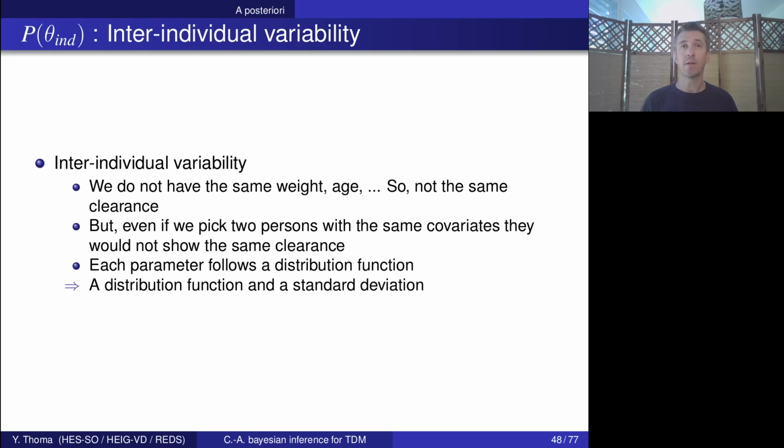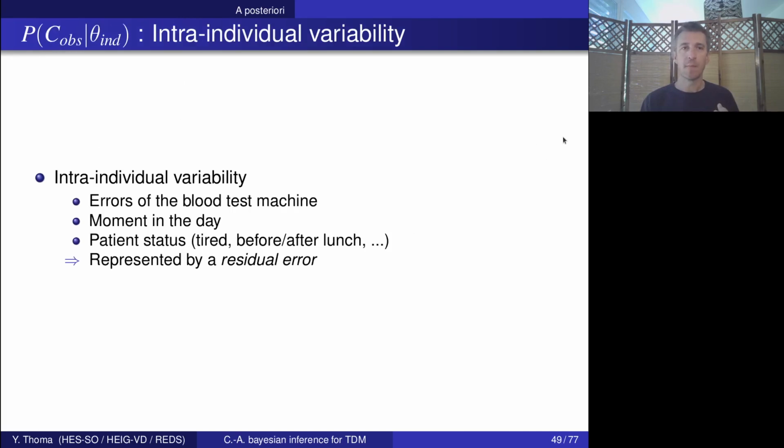And so each parameter has some distribution, some error, some variability, and that is related to a distribution function and a standard deviation describing how far from the average we would find parameter values. So we use this inter-individual variability to calculate this.